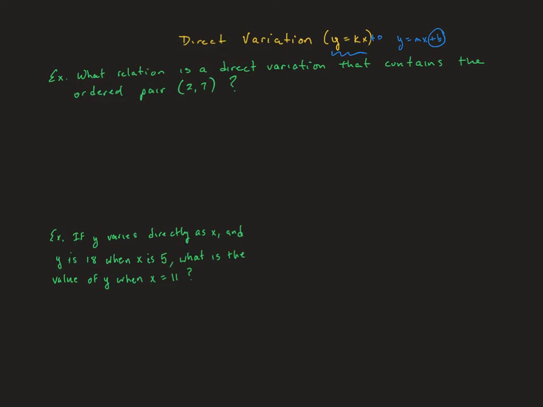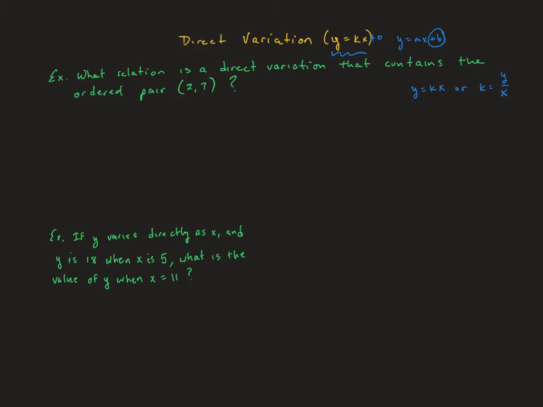And in direct variation, k cannot be 0, because if k is 0, then this is equal to 0, which then would not be a change in y, change in x. And the k value is always going to be constant for any values on the ordered pair, or on the coordinate plane. So remember that y equals kx, or k equals y over x.